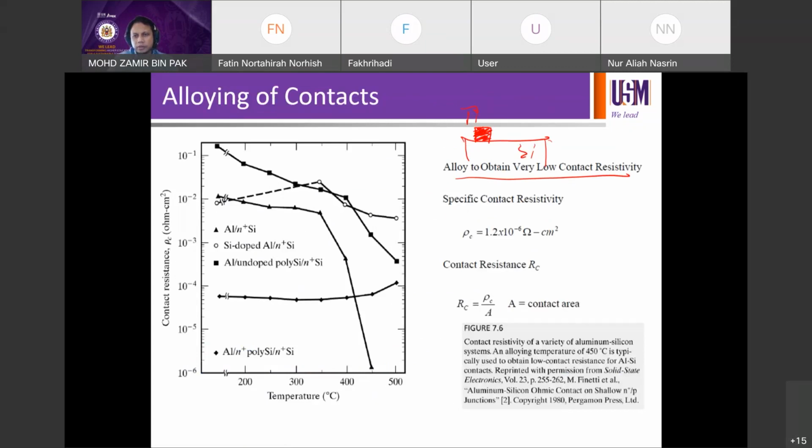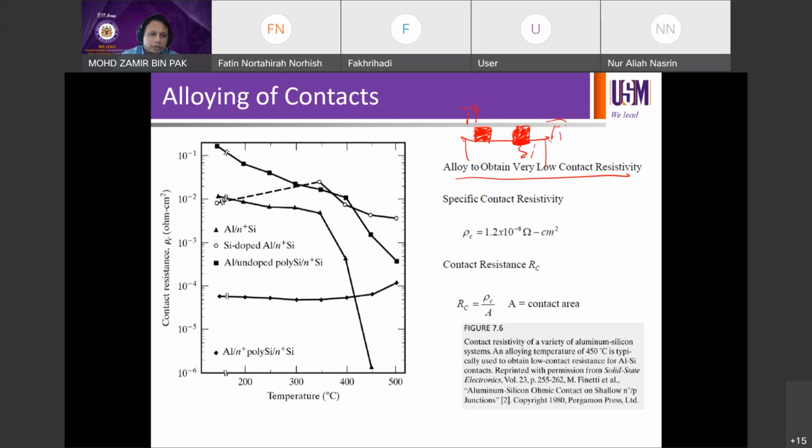Maksudnya titanium tu macam dia duduk just independently on silicon and it doesn't really go in to form a good contact. On the other hand, if you anneal, you can get some portion of the titanium into silicon, which improves the overall contact resistivity. Improves here means reduce resistivity. You want to have small contact resistivity between metal and semiconductor.